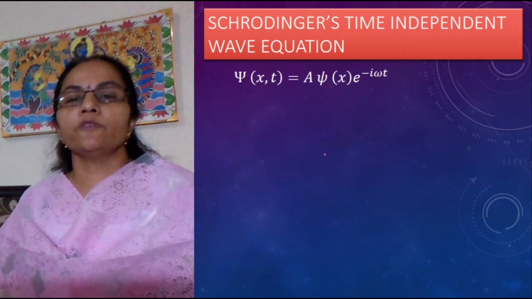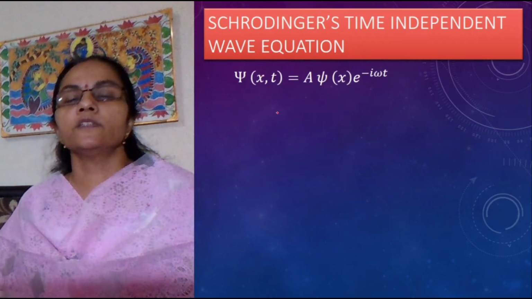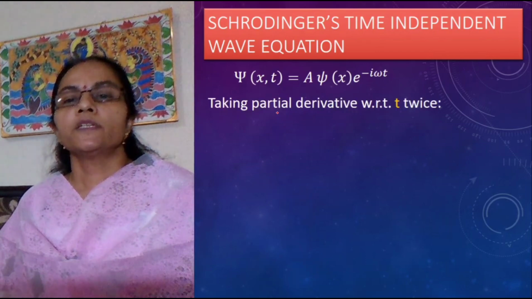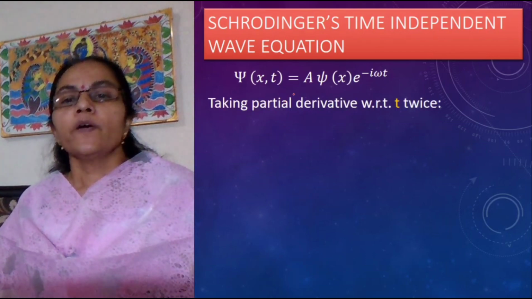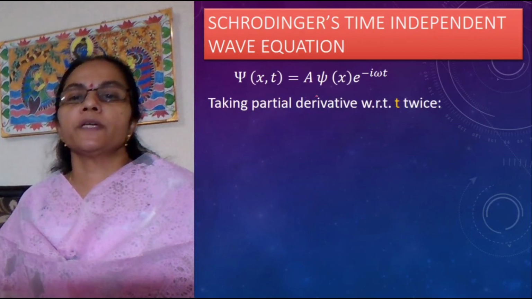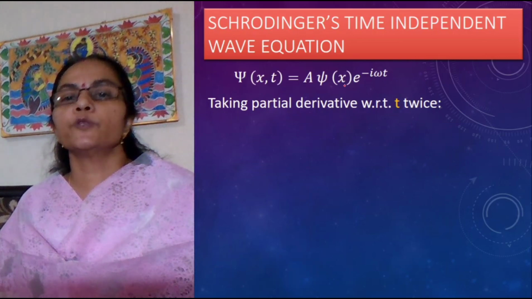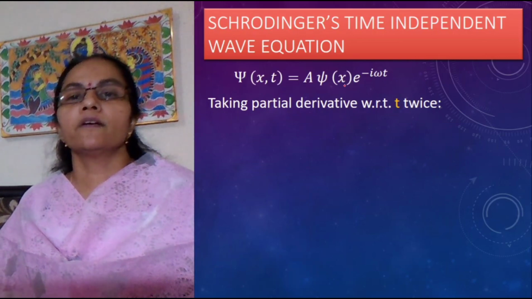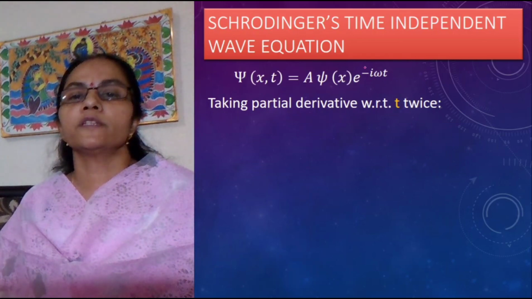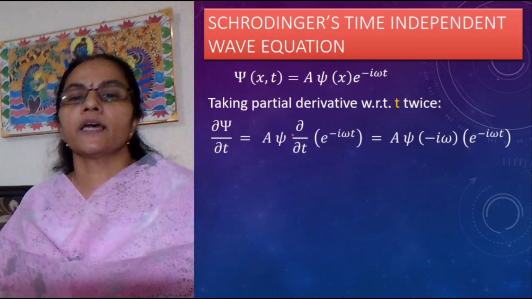Now we will take the derivative of this wave function with respect to time. While taking the derivative with respect to time, this psi of x, which is a function of position, will behave like a constant, so we have to take the derivative of e to the power minus i omega t.